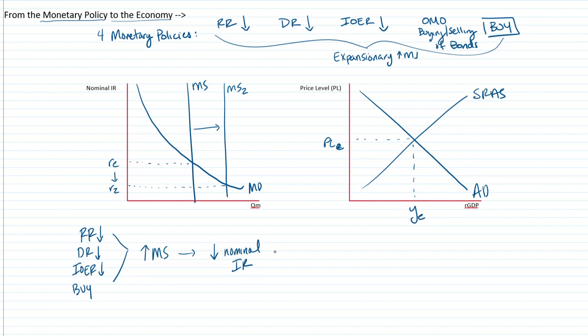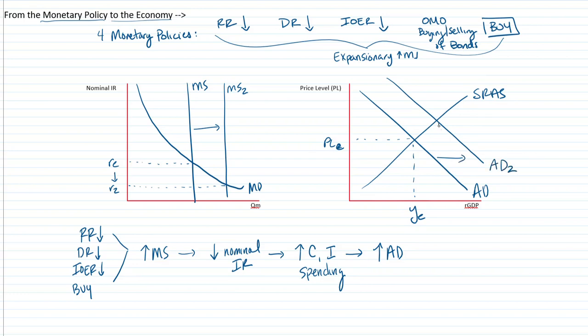And as the interest rate goes down, we know that consumer and investment spending are going to increase because money is cheap and savings is now less valuable, so people are encouraged to spend their money, and businesses are going to get greater returns on their investment projects, their purchases of physical capital. So we are hoping to see increases in spending, and as spending increases, we know that aggregate demand will increase, which will shift us to the right to AD2.